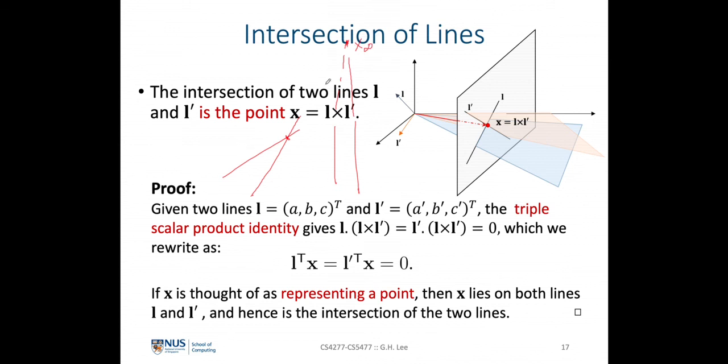Formally, using the homogeneous coordinates representation, 2 lines always intersect at a point, which is given by the cross product of the 2 lines. Suppose that we have 2 lines, L and L prime. The intersection, which we denote as X over here, would be given by the cross product of L cross L prime.